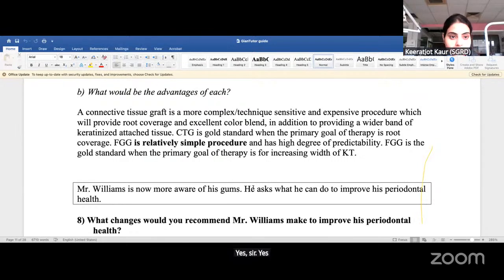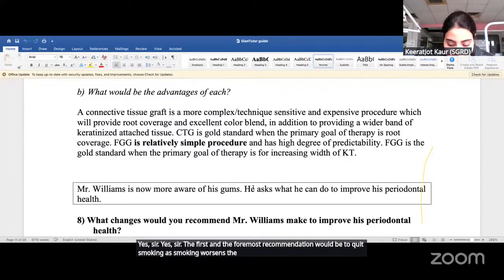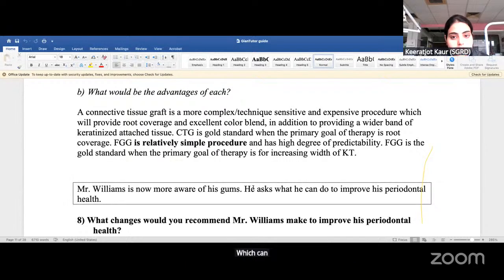Yes, sir. The first and foremost recommendation would be to quit smoking, as smoking worsens periodontal health and causes insulin resistance. Second, the patient should be educated about increased sugar levels in the blood, which can further lead to increased systemic inflammation and further complications.